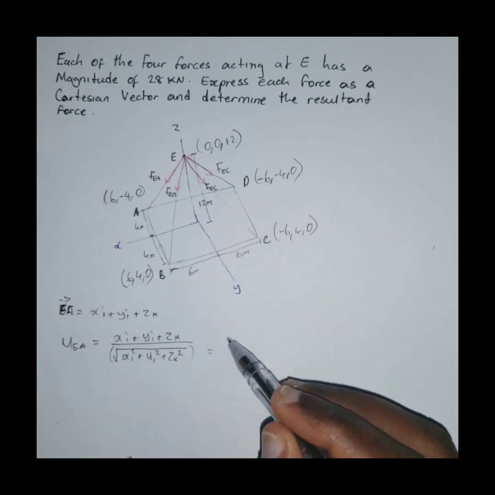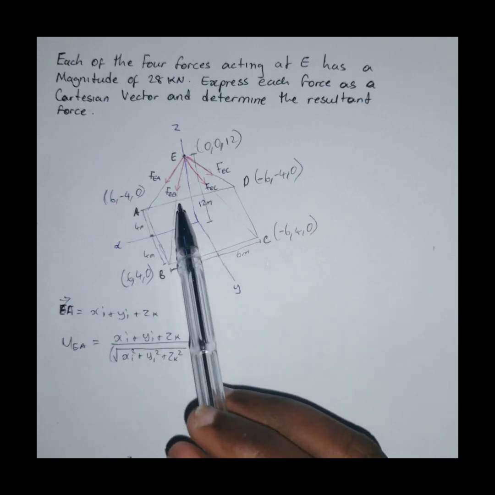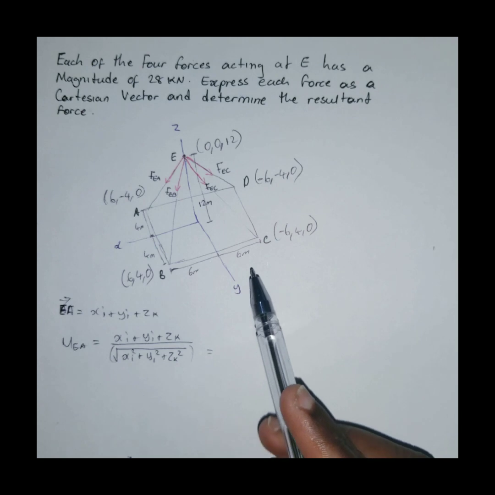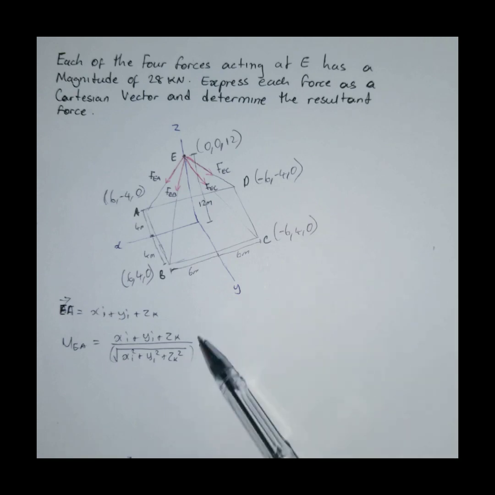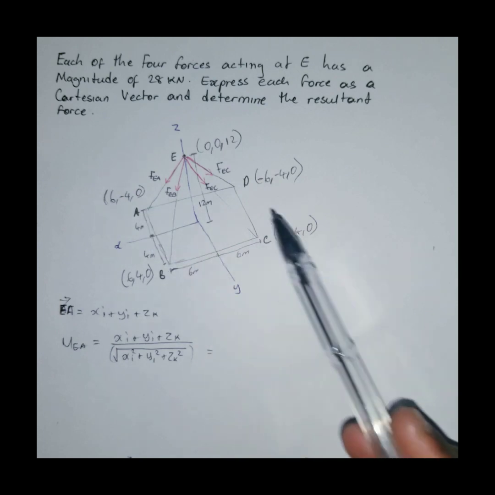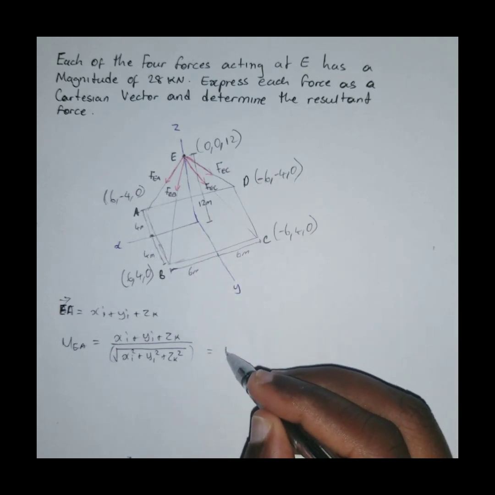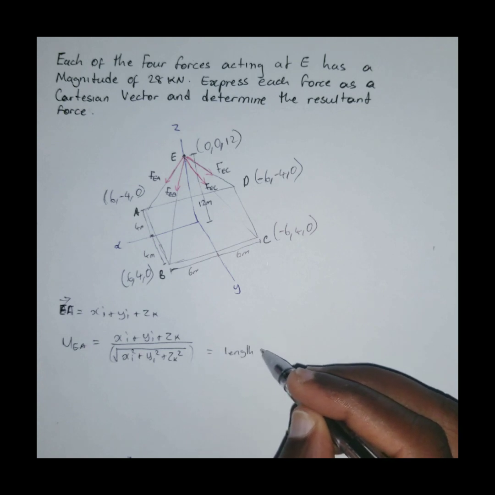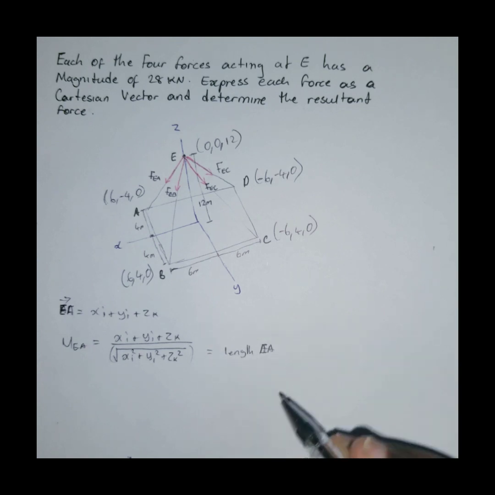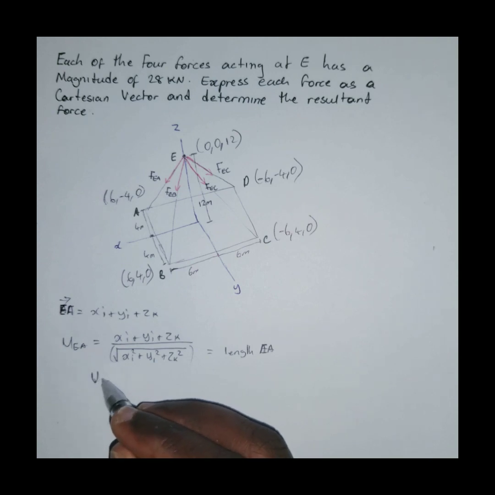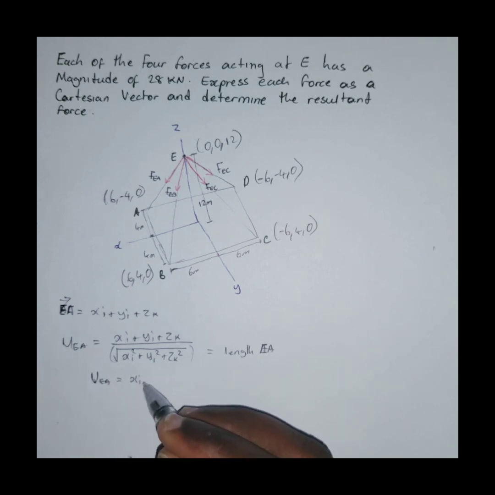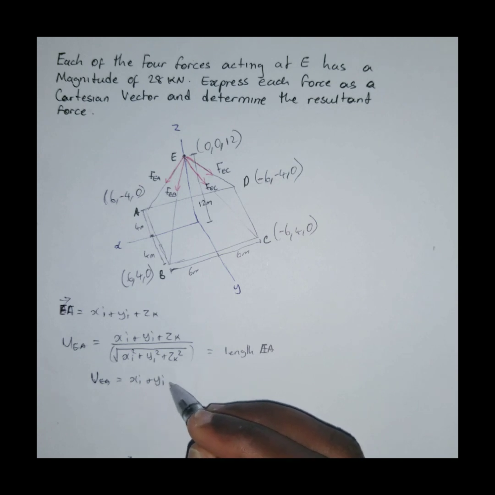In some cases you might be given the length of AE, stated as a particular value, which is the same as the magnitude of the position vector EA. So once we have our unit vector UEA, it will also be in the form xi plus yj plus zk.